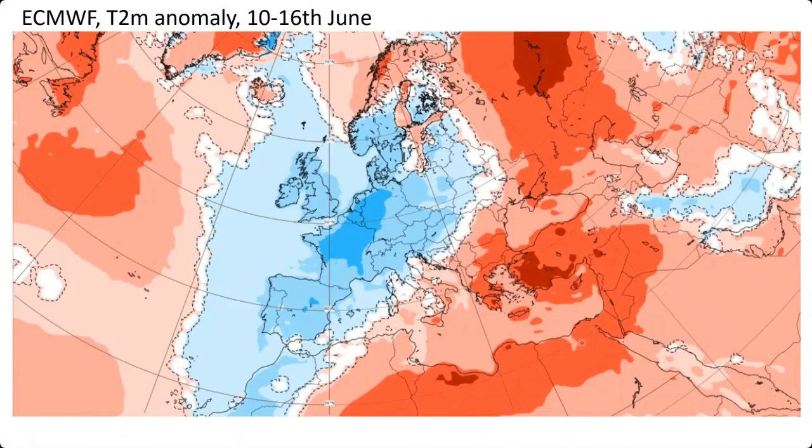And here we can also take a look at the weekly anomalies. This is from this week: we have negative temperature anomalies in the western part of Europe, and then positive anomalies in southeast Europe and Russia.